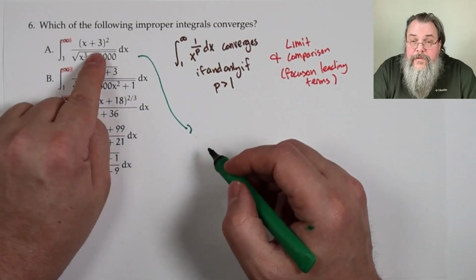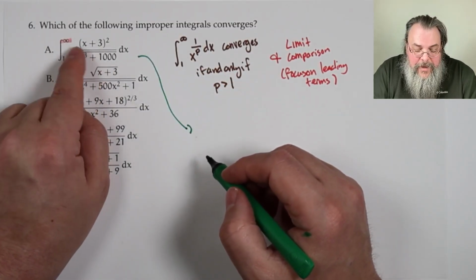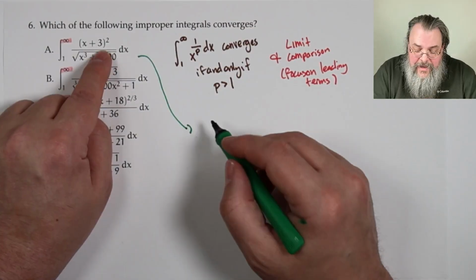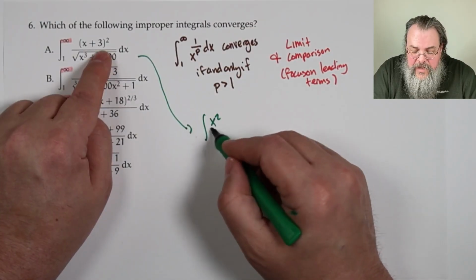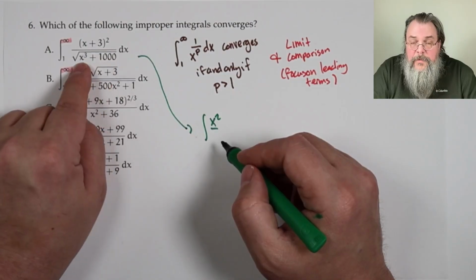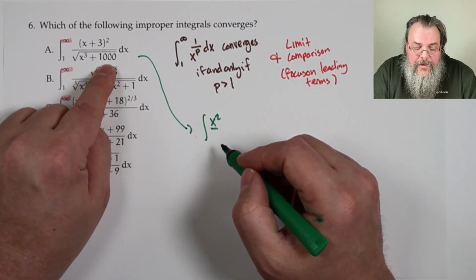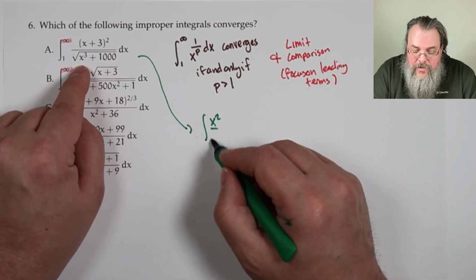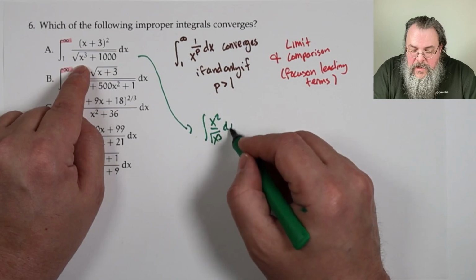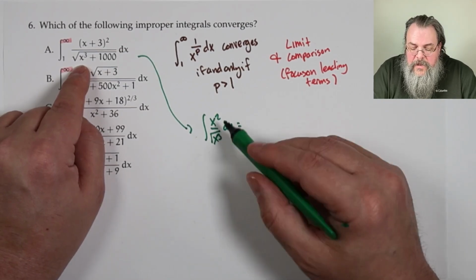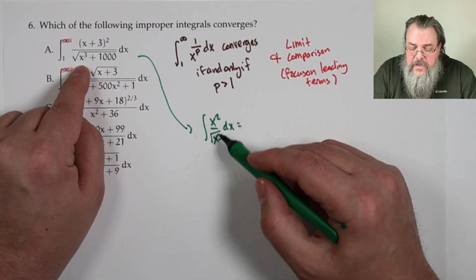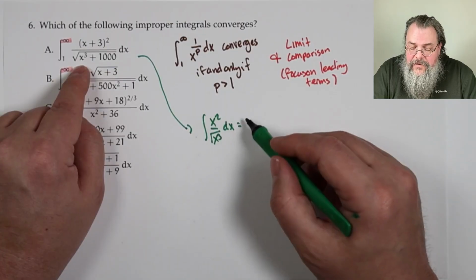Well, I see a plus. What do I keep, x or 3? I keep the x. So I want to look at x squared upstairs. What's downstairs? Well, x cubed is the big part compared to 1, so keep the x cubed: the square root of x cubed. Let's simplify that. I have x squared upstairs and x to the 1.5 downstairs.